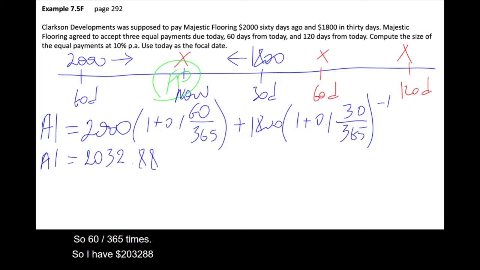So 32.88 is actually the amount of interest, right? $1,798.52.